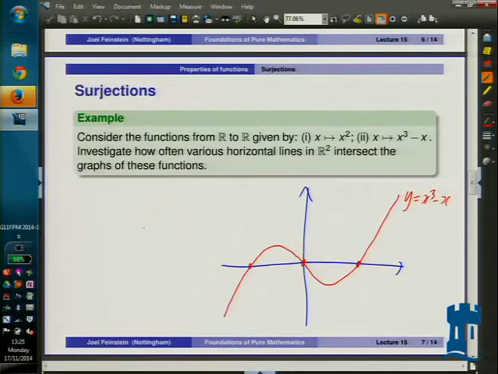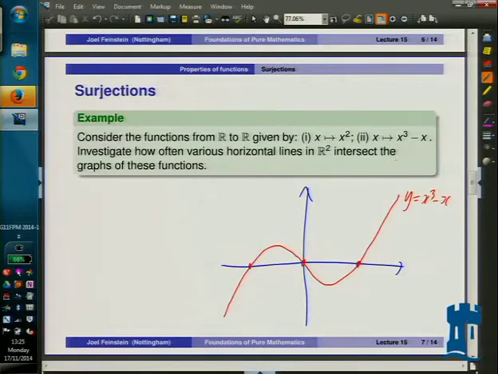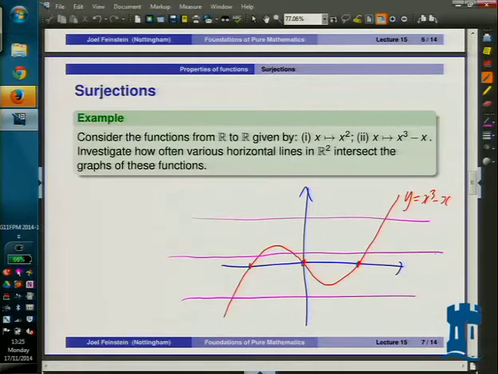And when you look at various horizontal lines here, they all hit the curve at least once. Here we hit it once, here we hit it once, here we hit it 3 times. You can find some places where it hits twice and so on.